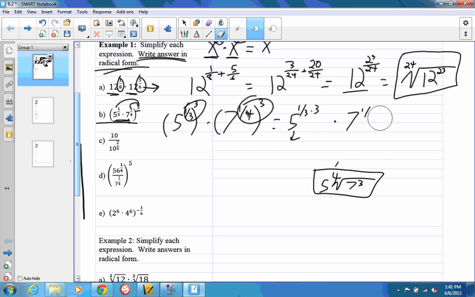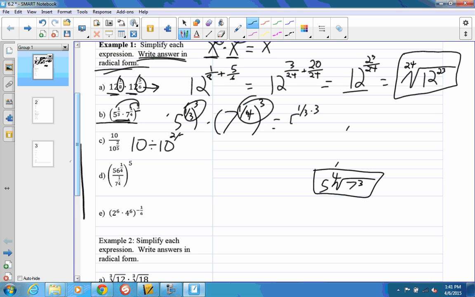So 10 divided by 10 to the 2/5. Is this more like A or B? More like A. How is this like A? Same coefficient. Same base. I know it's expressed in a weird way, but if I rewrite it like this, do we agree those are the same base?